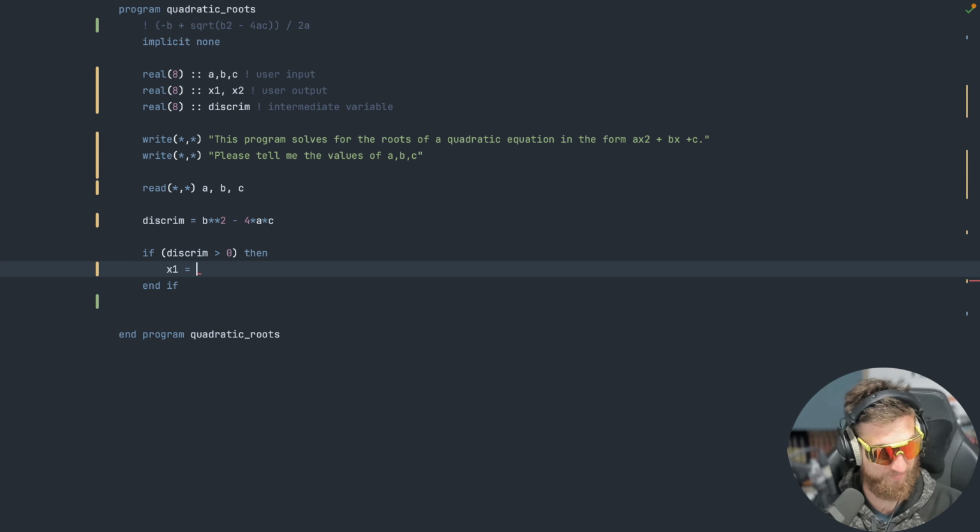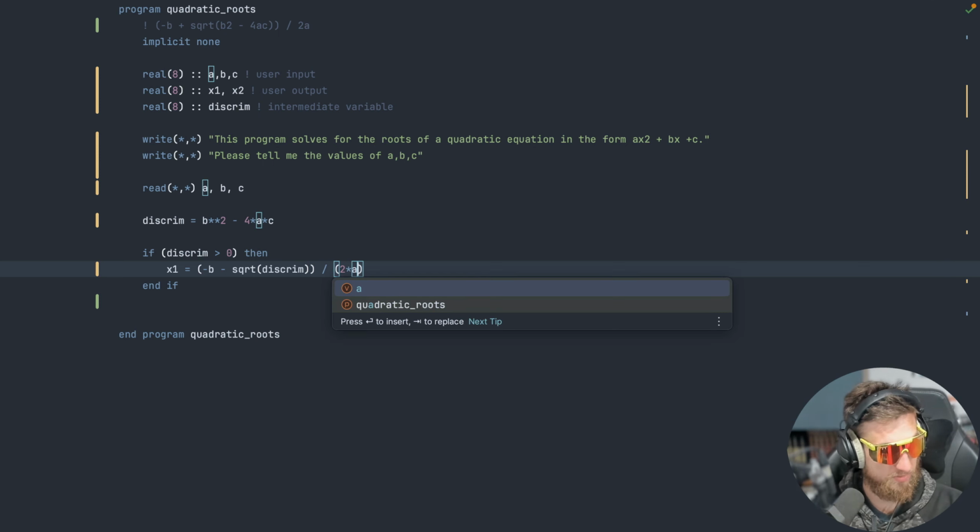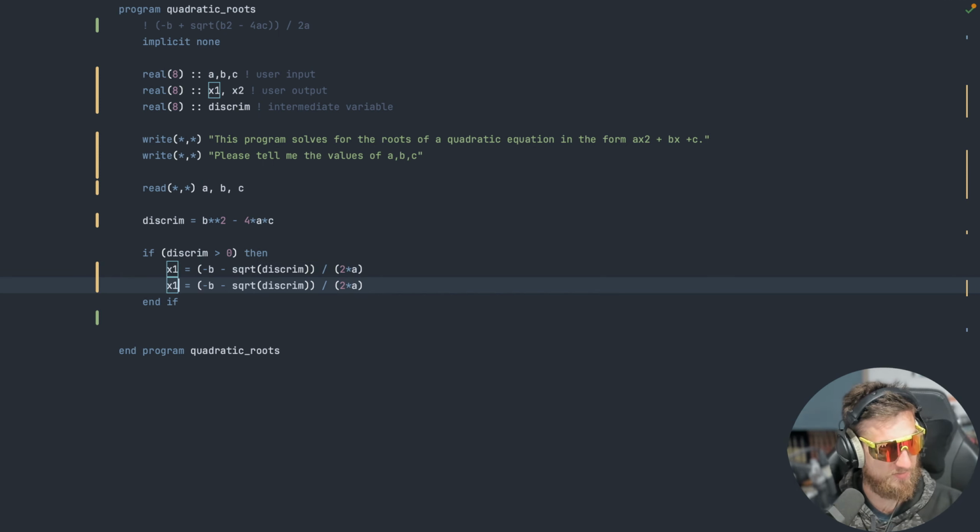So x1 is our first root. It is going to equal minus b minus the square root, which is an inbuilt Fortran command, of the discriminant. We're going to divide all that by 2a. And x2 is going to be the same, except this is going to be a plus.